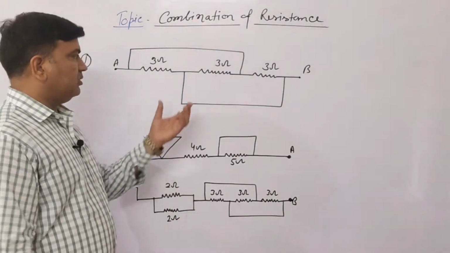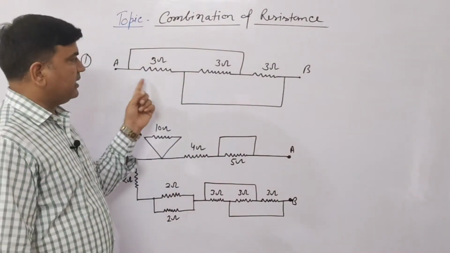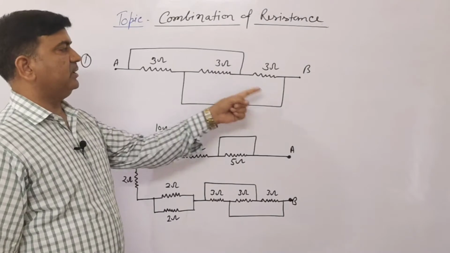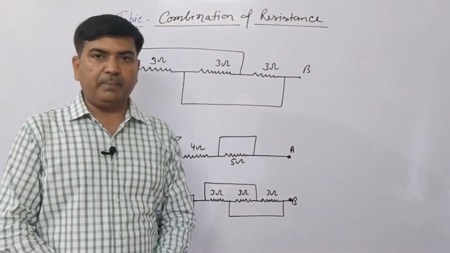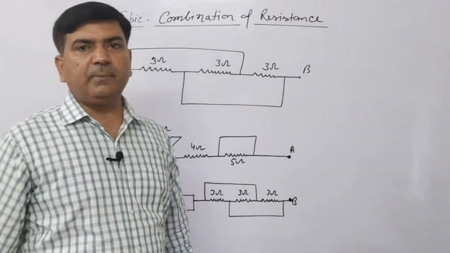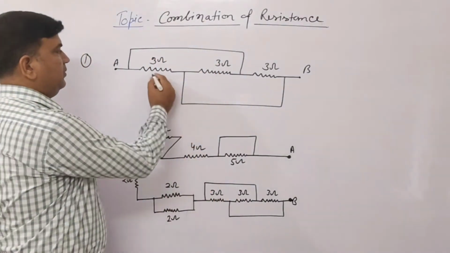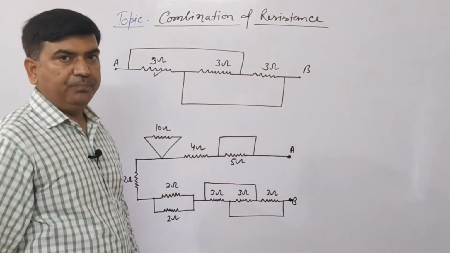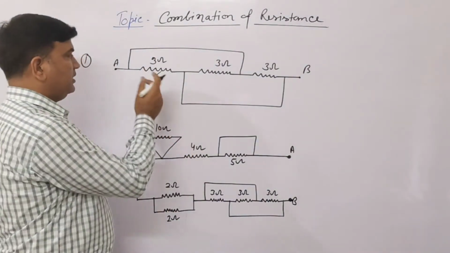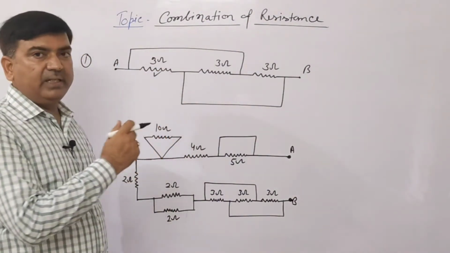First, you find the combination given in the circuit diagram. Are the 3 ohm, 3 ohm and 3 ohm resistances joined in series or parallel, or is any other concept applied in these questions? So see the first resistance, 3 ohm, and see where its first terminal is joined.